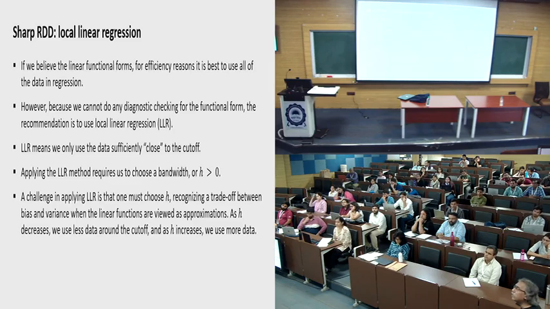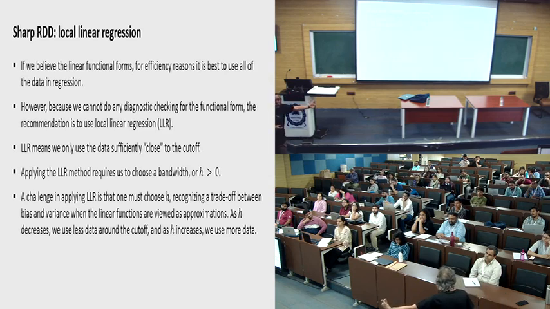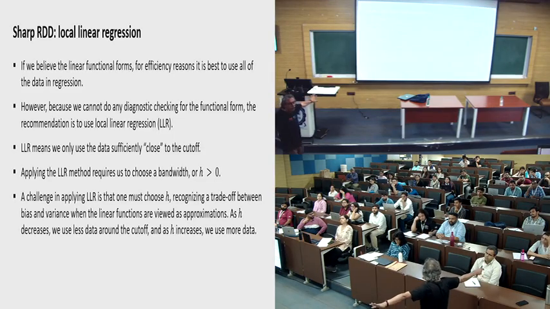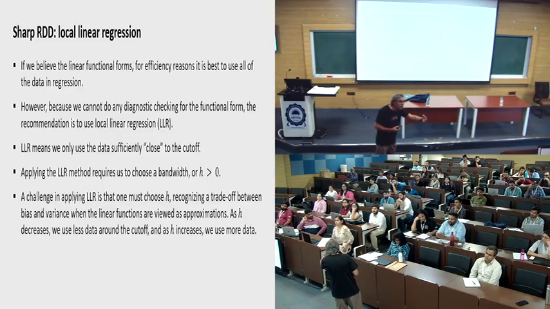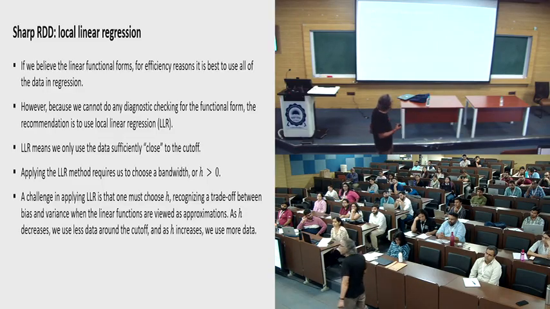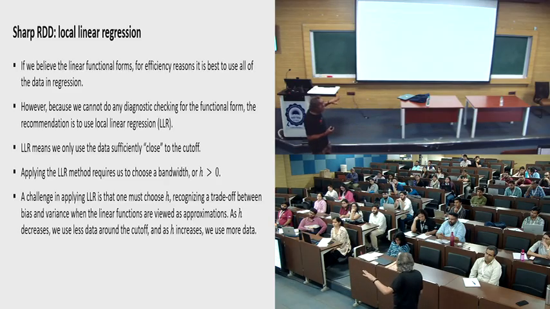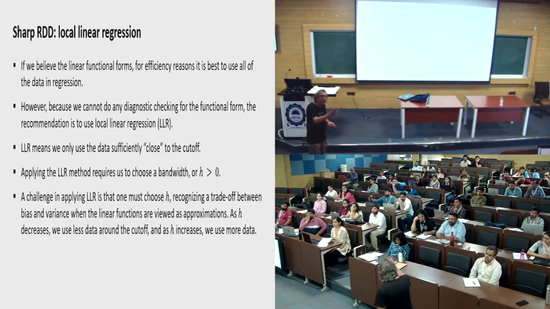The way we then want to think of the term is a little bit different in terms of local linear regression. Why is it local linear regression? Simply because I am going to fit the data which is sufficiently close to the cutoff. I don't care about the other data. I'm going to care about the data which is sufficiently close to my cutoff, and how close I am going to consider depends on my radius, which is nothing but my bandwidth.